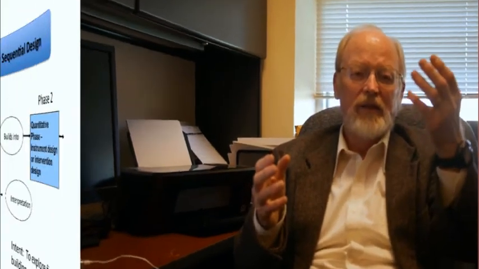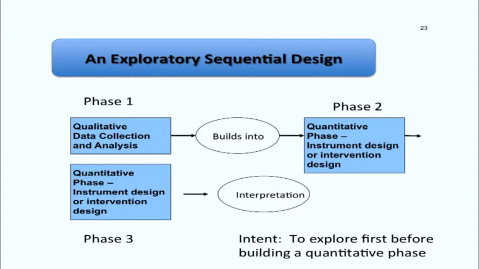Now what I'm going to do is reverse these two phases of the explanatory sequential design, and rather than starting quantitatively, I'm going to start with qualitative data collection. And this actually is a design that I call a three-phase design. I collect qualitative data and analyze it, and then I build something quantitatively, and then I test out this quantitative instrument or intervention or typology, whatever I've built in my second phase, I test it out quantitatively.